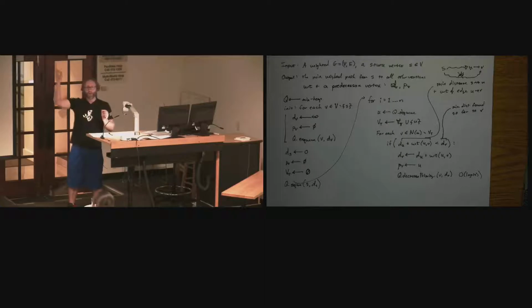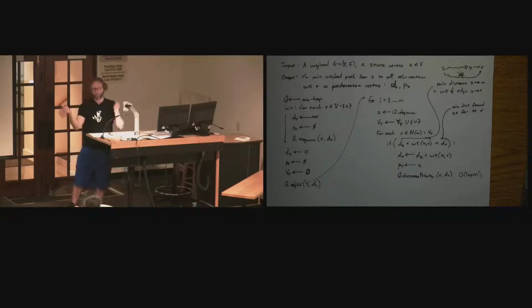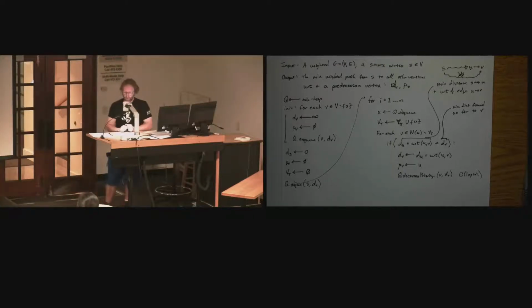If you use another data structure, like say a map, to map a particular element to its priority in the priority queue, then you can go ahead and decrease the priority if it's an array-based implementation. So the takeaway here is that you can do this in order log n time. Okay?